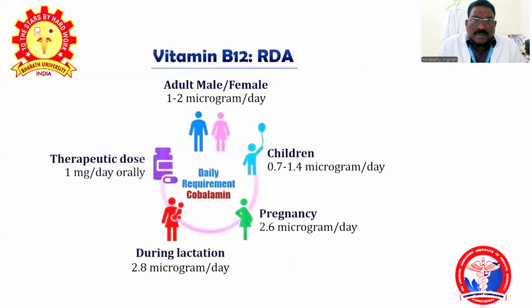The requirement of vitamin B12 during lactation is 2.8 micrograms per day. Whereas the therapeutic dose is 1 milligram per day orally. These are the recommended daily allowances of vitamin B12.